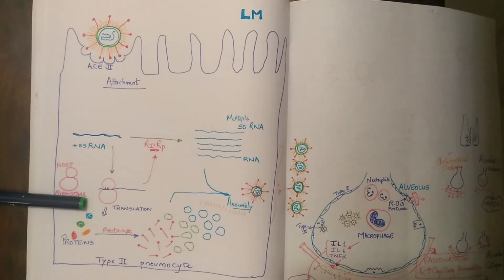There is a decoding of the codes present in the RNA in the form of proteins. These proteins are S protein, N protein, M protein and the membranous protein, nucleocapsid protein and spike protein.